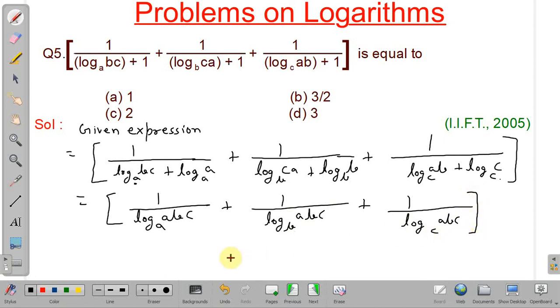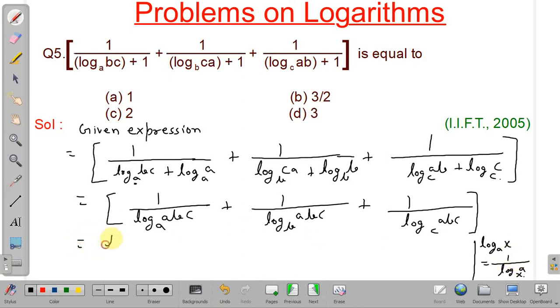Now by the property of log, we know that 1 by log of A with base x can be written as log of x with base A, so the base is interchanged when we take the denominator to the numerator.